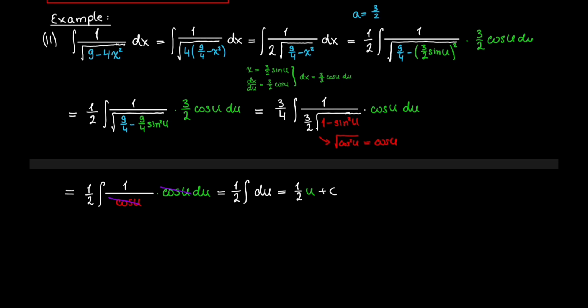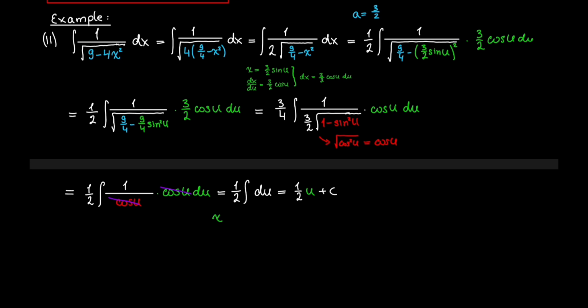However, we're not done, because we were supposed to find an antiderivative function with variable x. But now what we got is an antiderivative function with the variable u. But also, in the substitution, we used x equals 3/2 sine u, which means we haven't got an explicit expression of u in terms of x. So that means we need to get it ourselves.